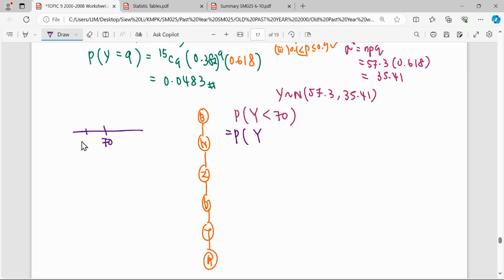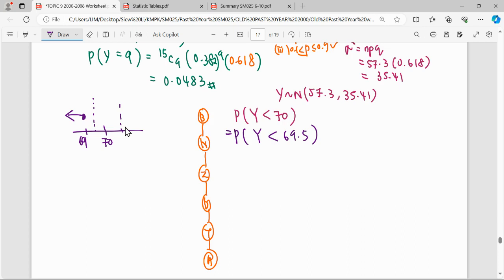Not included, means start from 69, which includes less than that. So the boundary starts from 69.5. If you take 70.5, then you will include 70 already, so the continuity correction will not be accurate.